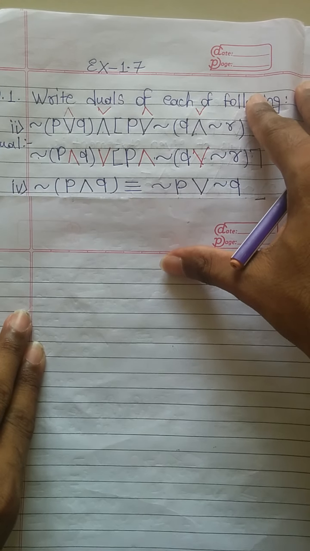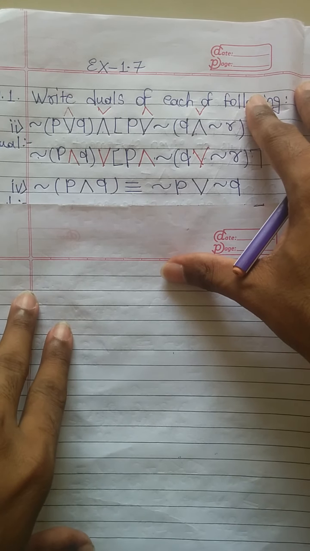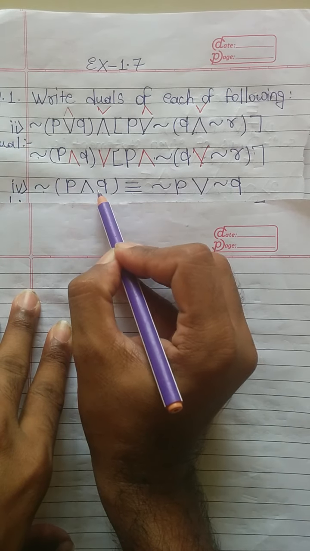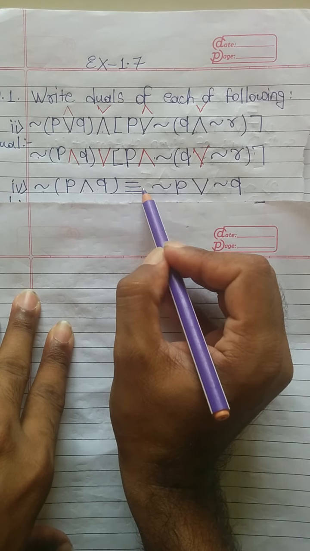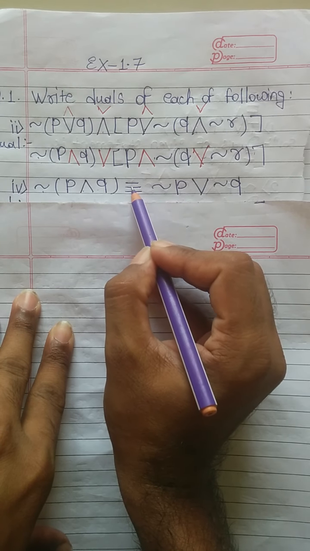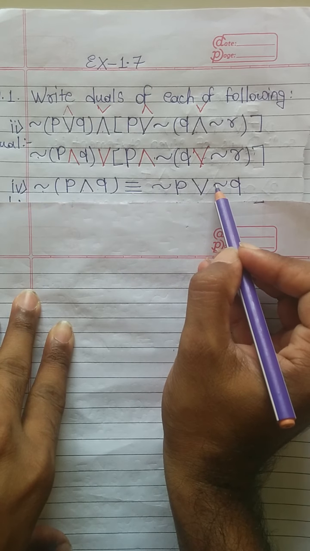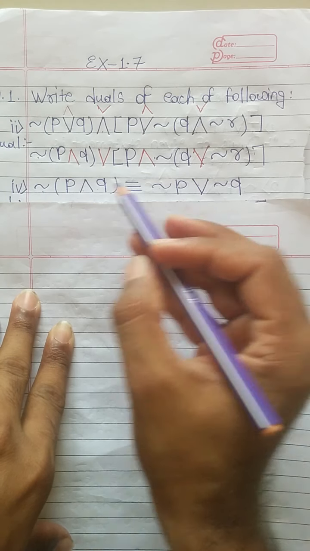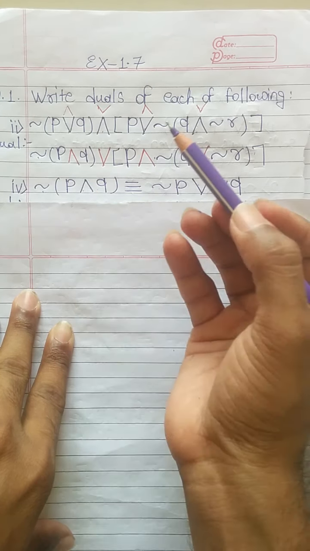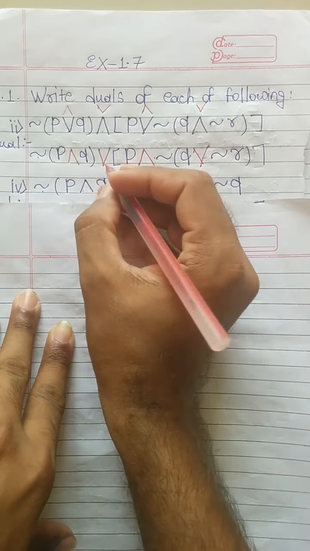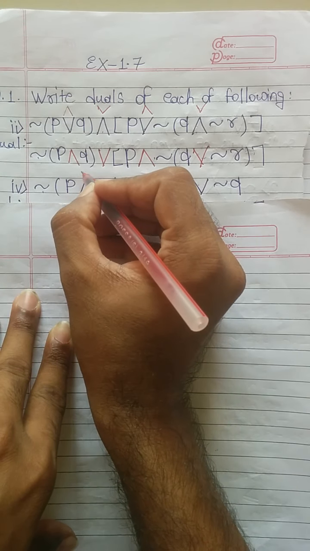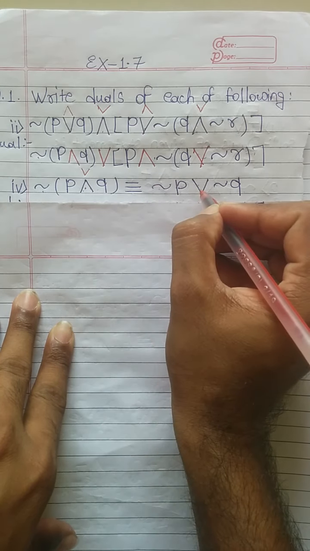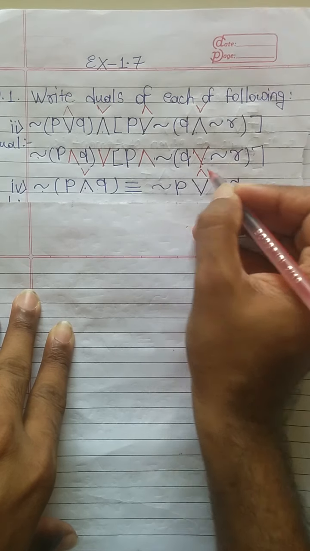Okay, now look at the second sum. Negation of P conjunction Q is equivalent to negation of P disjunction negation of Q. As we know, in duality conjunction is replaced by disjunction and disjunction is replaced by conjunction. Okay, then the dual of this conjunction becomes disjunction and the dual of this disjunction becomes conjunction.